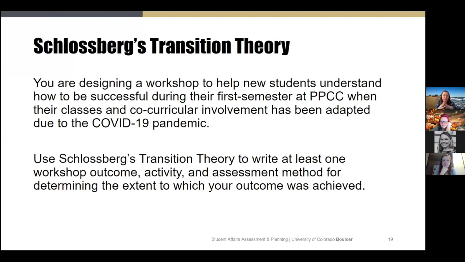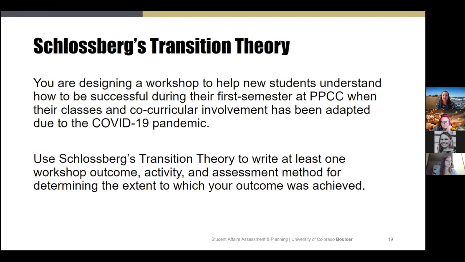The case study, the scenario. You are designing a workshop to help new students understand how to be successful during their first semester at PPCC when their classes and co-curricular involvement has been adapted due to the COVID-19 pandemic. So what you're going to do is use Schlossberg's transition theory, and the link that we're going to share with you all has more details about the theory, as well as the grid that already has, I think it has all of the stages and all of the characteristics already filled in for you.